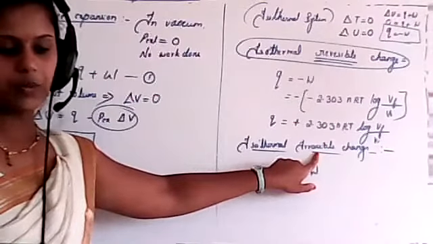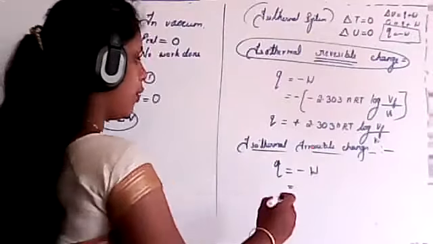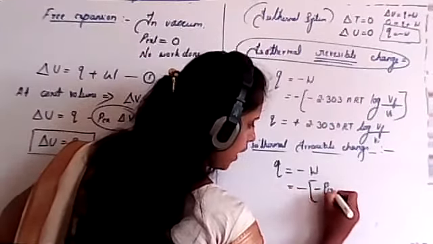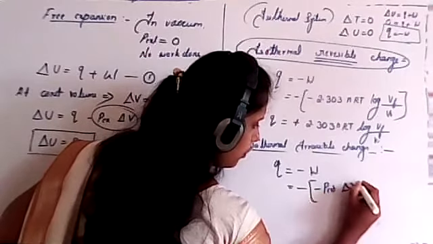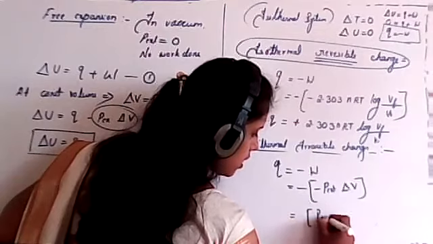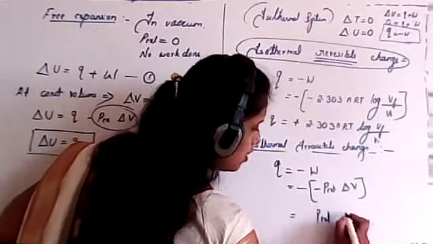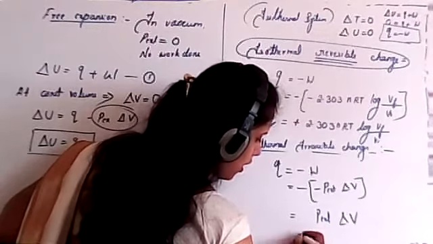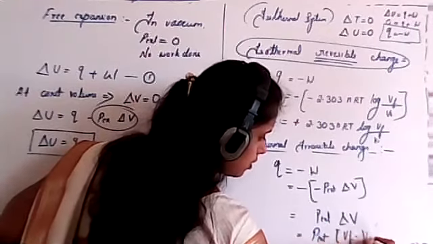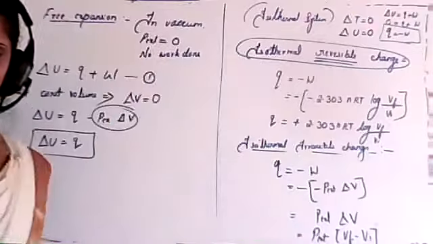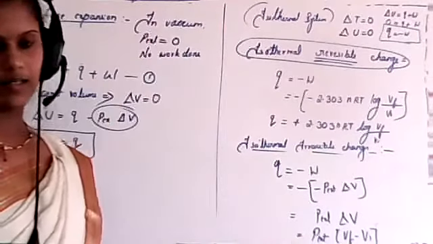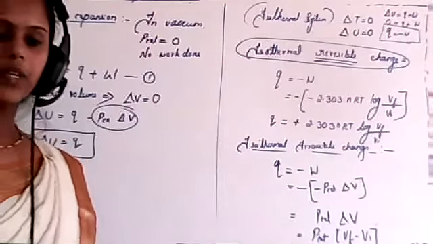Yes, that is minus P external delta V. So that is nothing but minus P external delta V, or else minus P external (Vf minus Vi). All these expressions are the same. Is it clear?